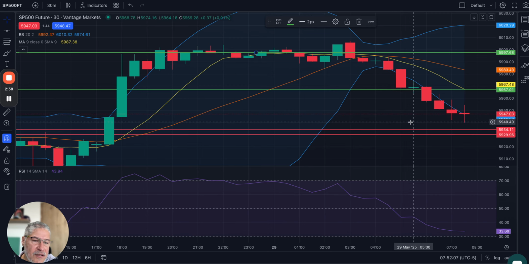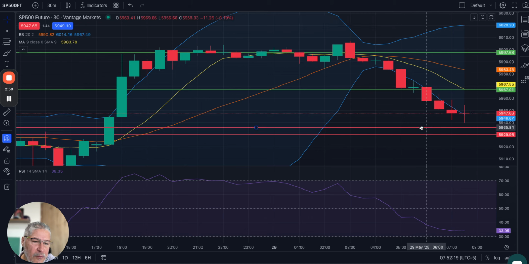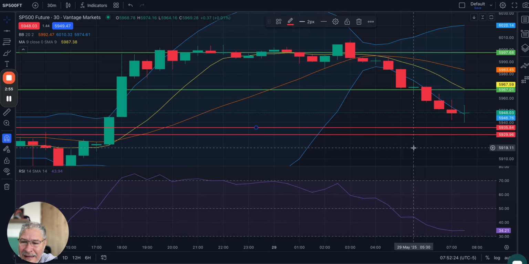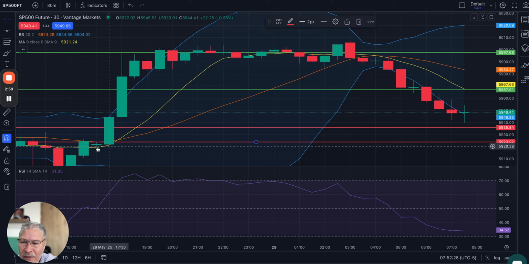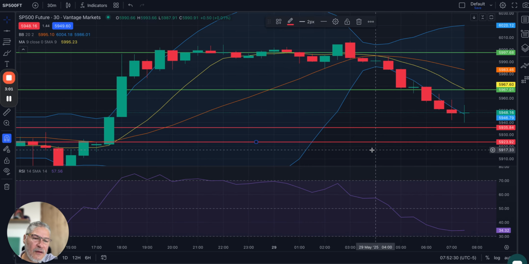Here we have 5940, where the level initially rebounded and seems to have found some bidders. So I'm going to bring my first level to 5935, and the second one will be right around the same level that we placed for the Nasdaq after the close.